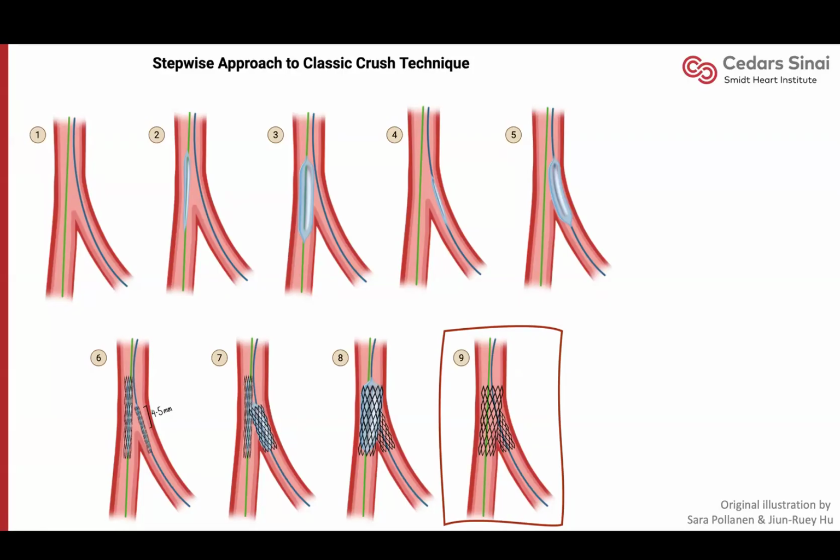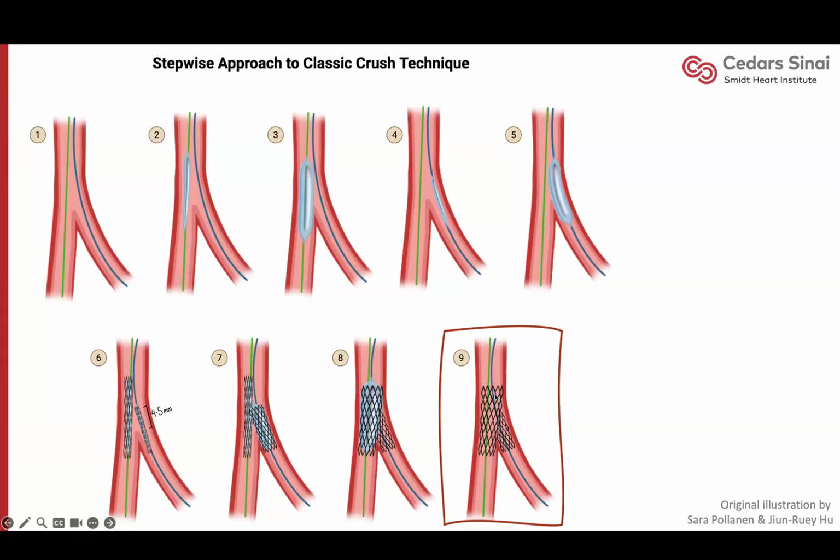Subsequent versions of crush introduced the concept of rewiring the side branch through the distal struts and performing kissing balloon inflation. Subsequent versions also introduced the importance of post-dilation of this proximal segment of the main branch stents, known as POT, proximal optimization technique.